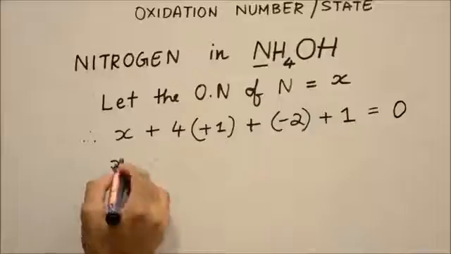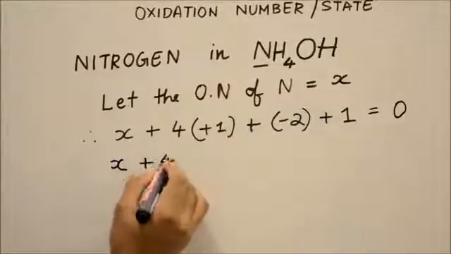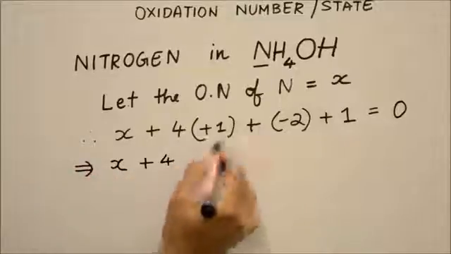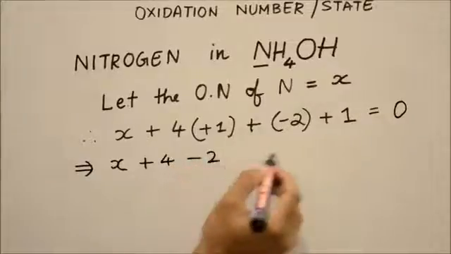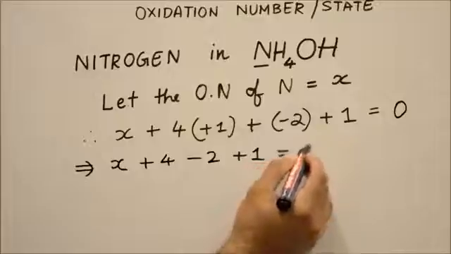So let us simplify it. We have X plus 4, then we have plus and minus 2, so that should give you minus 2, and we have plus 1. That should be equal to 0.